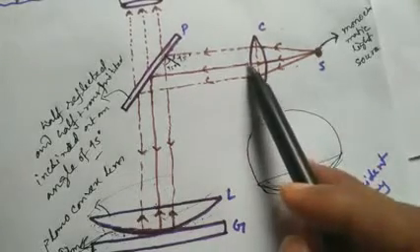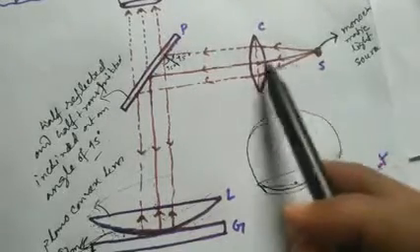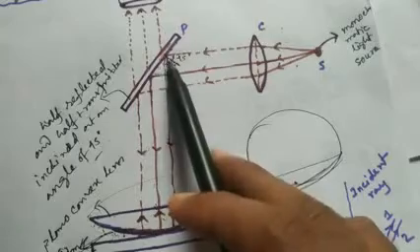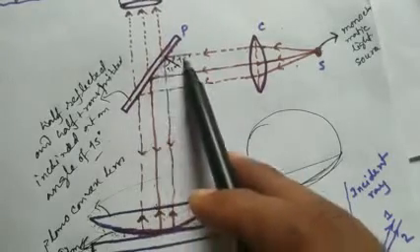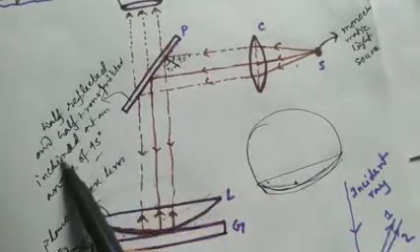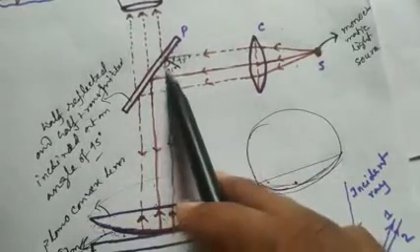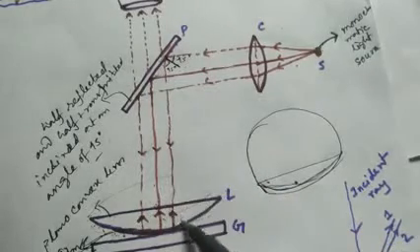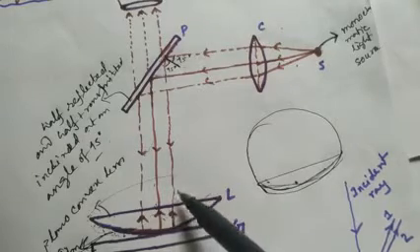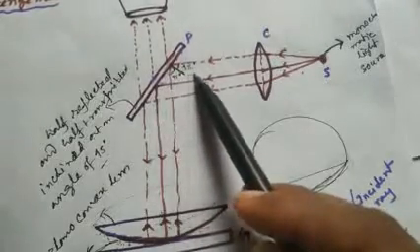This is the lens, which makes the diverging light into parallel rays. Why is this plate inclined at 45 degrees? It is a glass plate which is half reflecting and half transmitting, and because the parallel rays are reflected toward the plano-convex lens normally at 90 degrees, we incline the glass plate at 45 degrees.